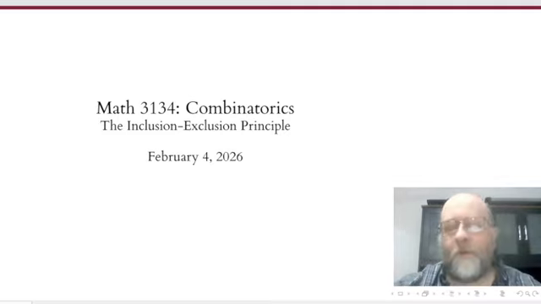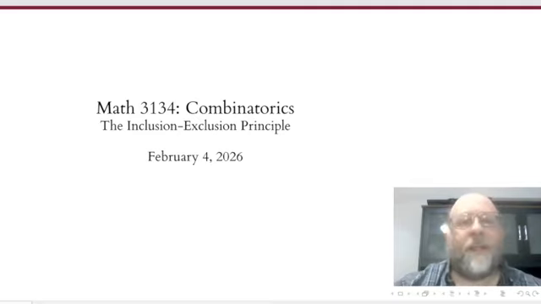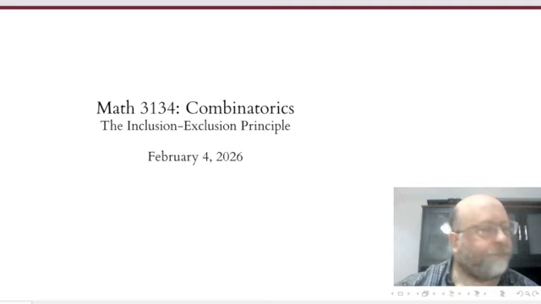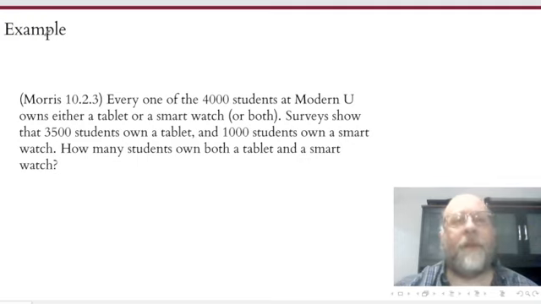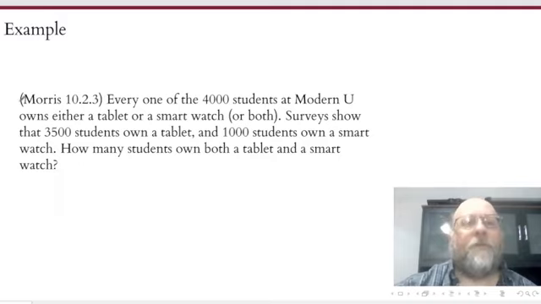We're going to start with the section on the inclusion-exclusion principle, and we're going to start with an example that should be familiar because it's similar to something we've done before. So this is out of the book. This is chapter 10.2.3.